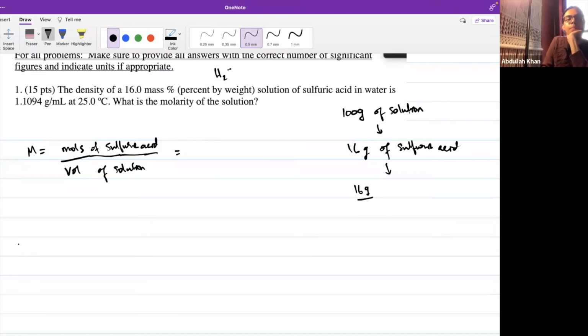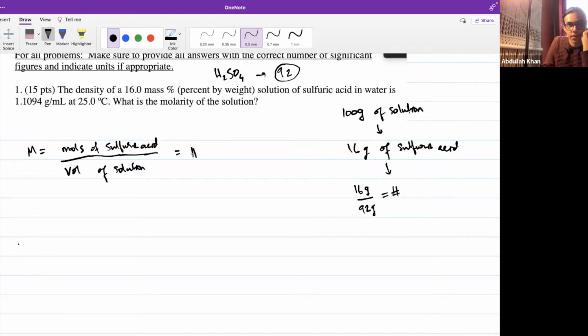Sulfuric acid, if you remember, is H2SO4. I think that has 92 molar mass. You can calculate it. You do that on an exam by looking at the periodic table in your lecture hall or one that will be provided to you and calculating the mass. So you divide by 92, you get the number of moles.